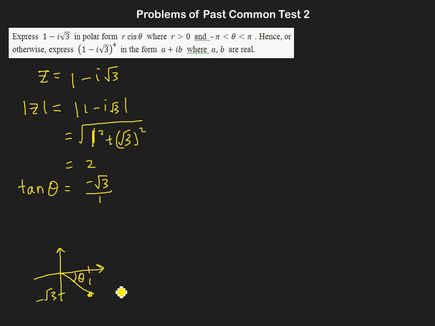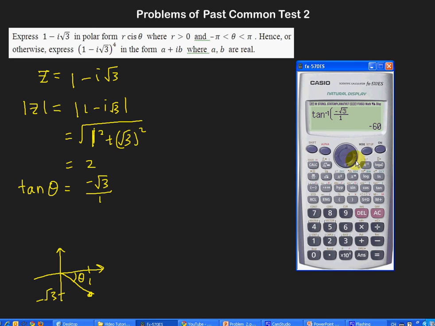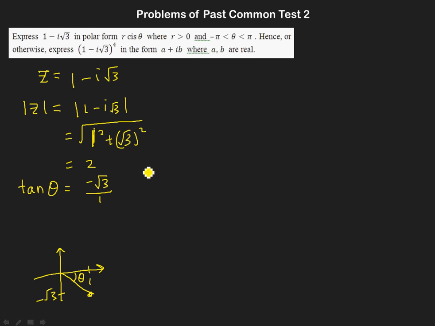If you use a calculator now to calculate this, here you enter this and you get negative 60, right? So back to here. We know the size of this angle is pi over 3 or 60, and theta is pi over 3.